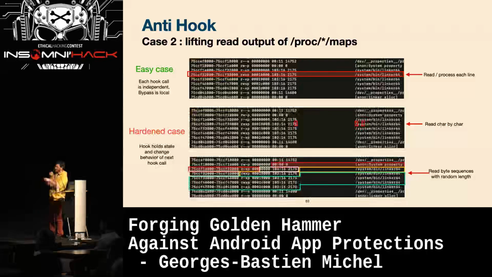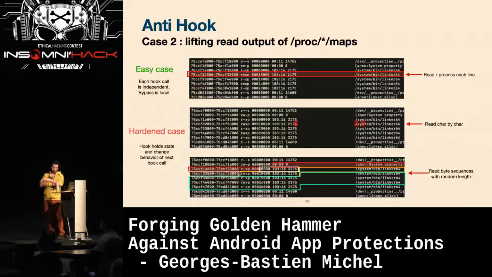So if you want to filter the proc self maps, you need to know the path of the file which is mapped, but also the protection and also the region, in order to compare it to a clean process. So we must be aware of a full line.